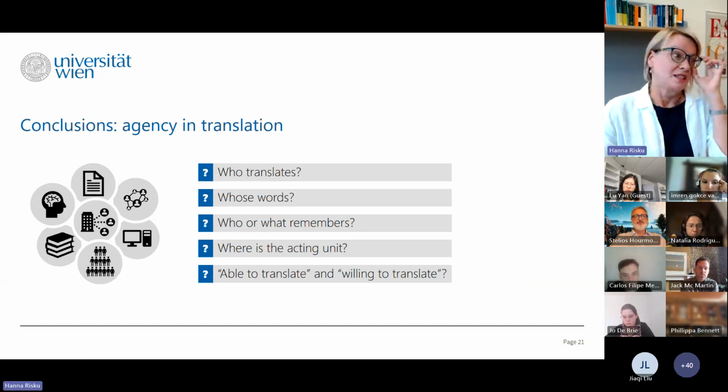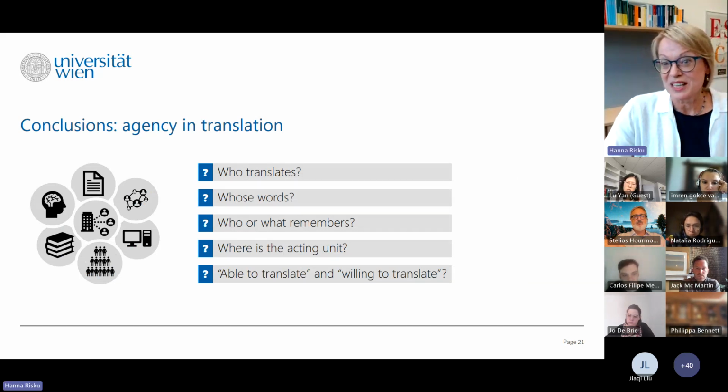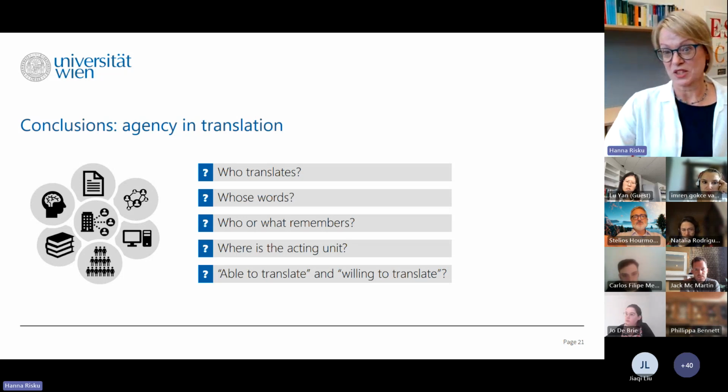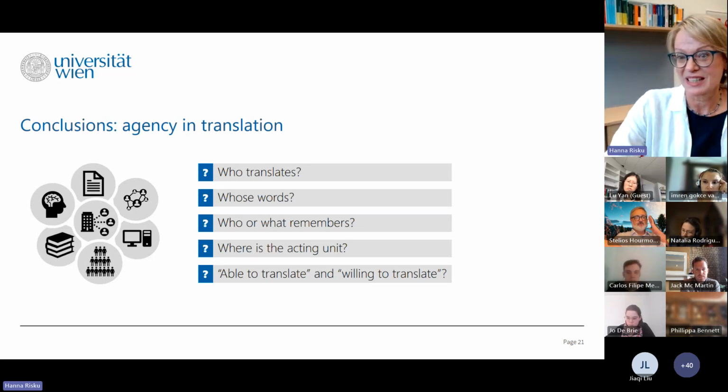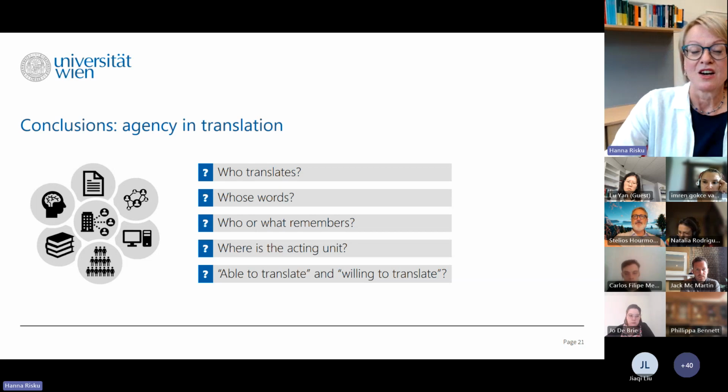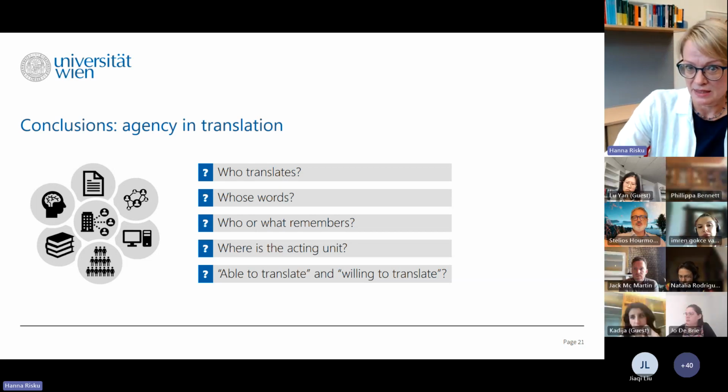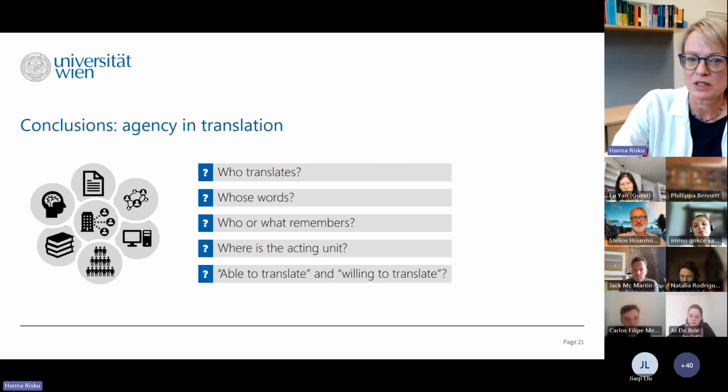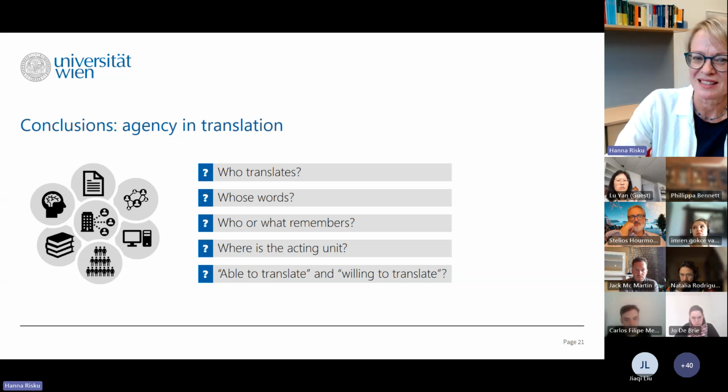The study of agency in translation raises some exciting questions for translation studies, I think. Who is actually translating? Is it a translator or a translation agency, a team, a network? Whose words are the words in a translation? Who or what does the remembering of terms and phrases?